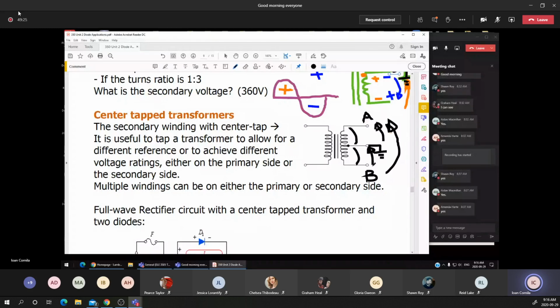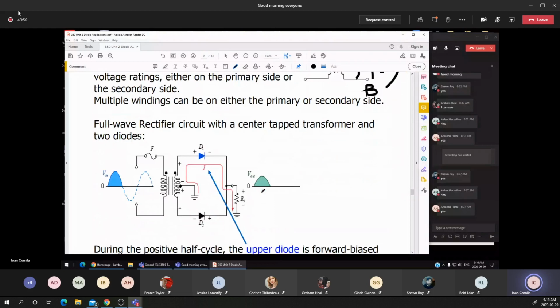The two voltages, A to ground and B to ground, each equal half the secondary voltage between A and B. And that's the center tap transformer, and we'll start talking about the basic functionality of how it works in the center tap full wave rectifier.